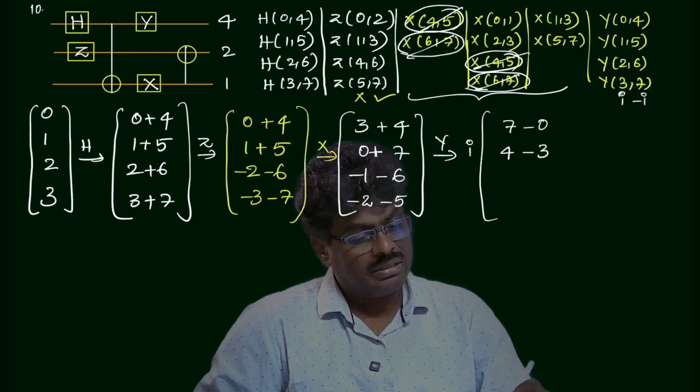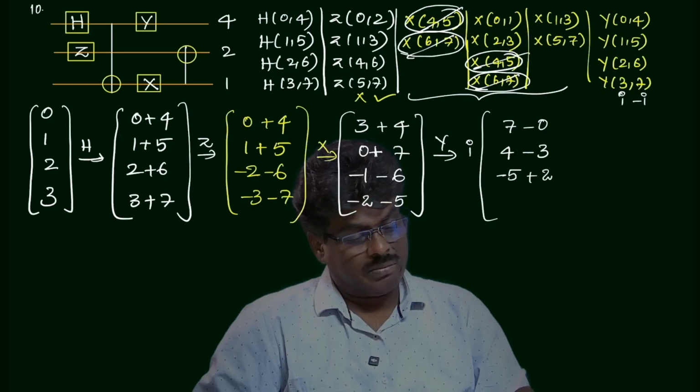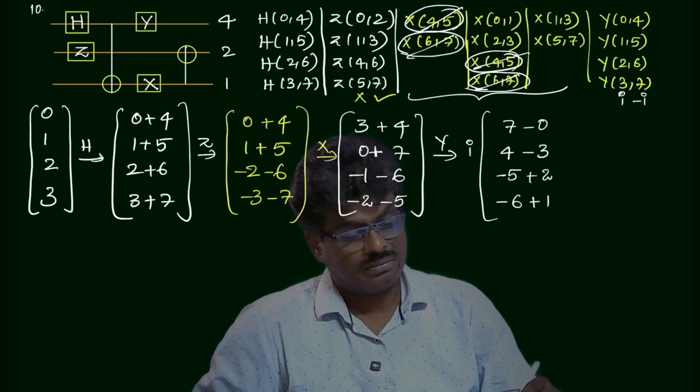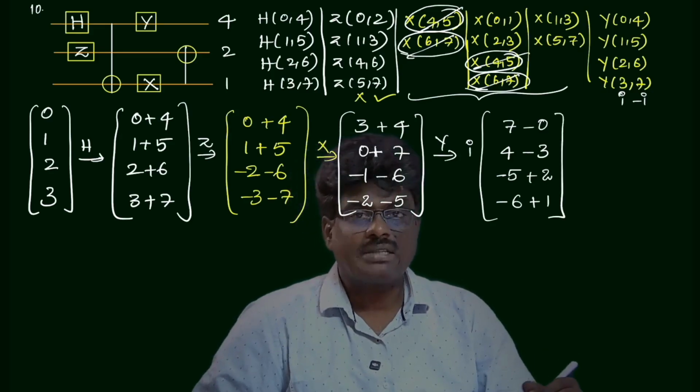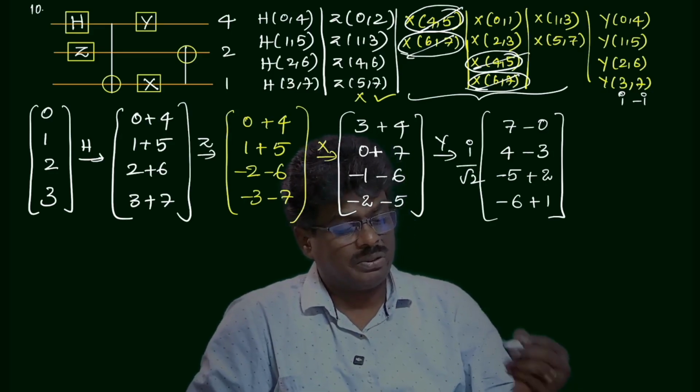Okay, right. 1, okay, minus 5 flip. 6 minus of minus plus, flip to 2, minus 2 flip to 6. 5 on state, that's why plus 1. That's it. Okay, so the normalization constant is 1 over root 2.